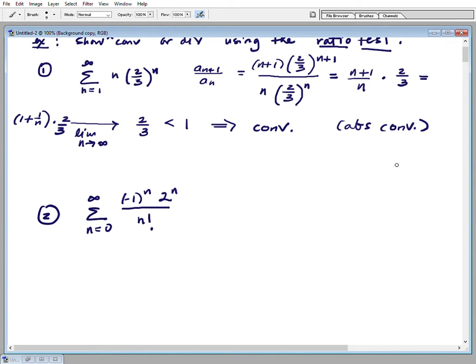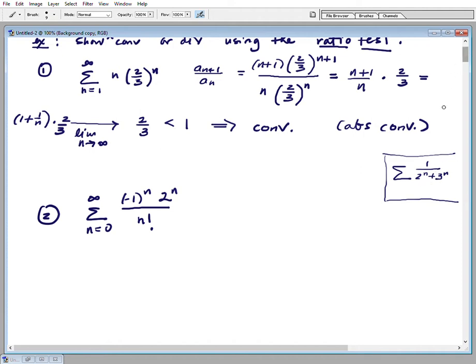Let me just show you on the side here. If we had something like 1 over 2 to the n plus 3 to the n, that's what I mean by terms added, then I don't think the ratio test would be good on this series. It's not a natural one for the ratio test. It might work, it might not, I'm not sure.